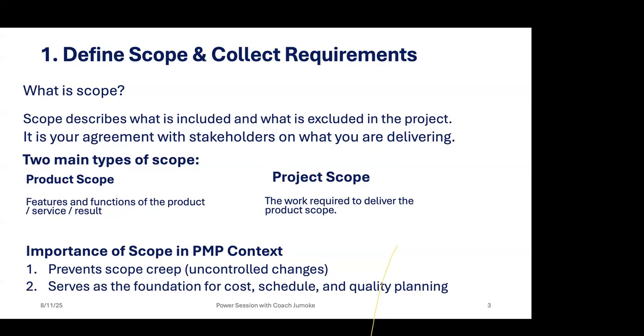So if you have a good process of defining your scope, it will help you prevent scope creep, and it will also serve as the foundation for cost. For you to be able to come up with the right estimation for how much the project will cost, how long will it take, what is the quality, it is because you have ascertained the scope of the project.